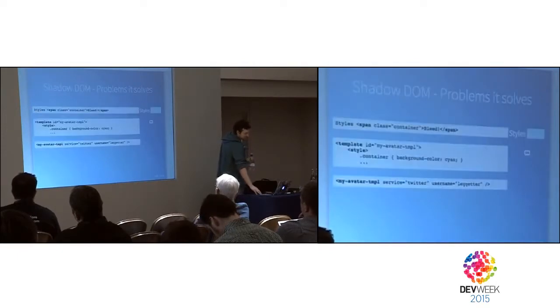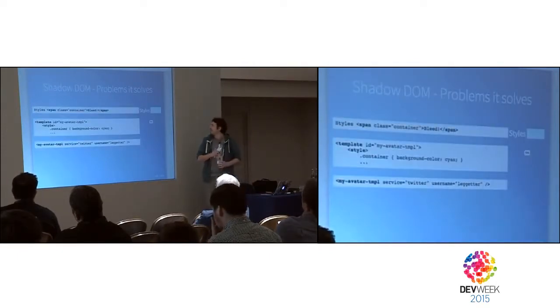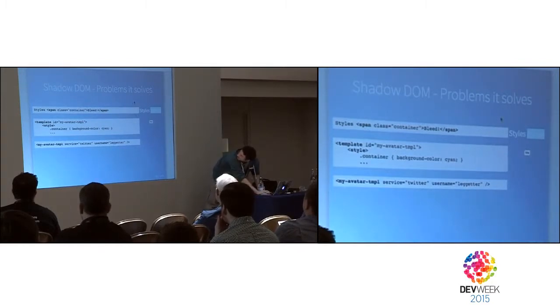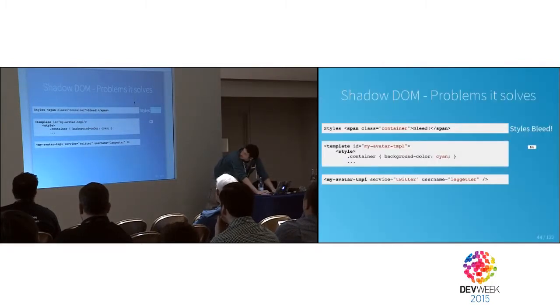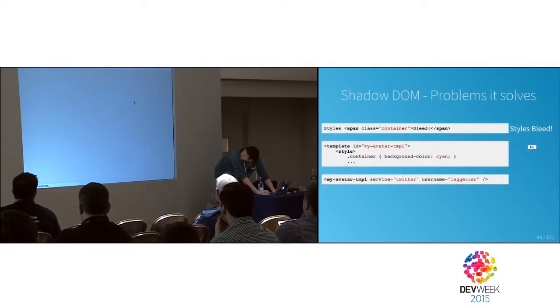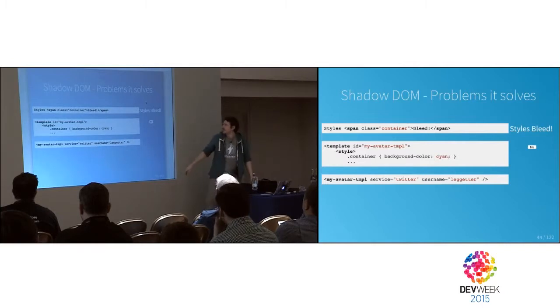So it's worthwhile talking about the problems that it solves. It's already bled, so what I'm going to do is refresh that. Okay. So this is obviously an HTML presentation. This slide has got a class on it called container.